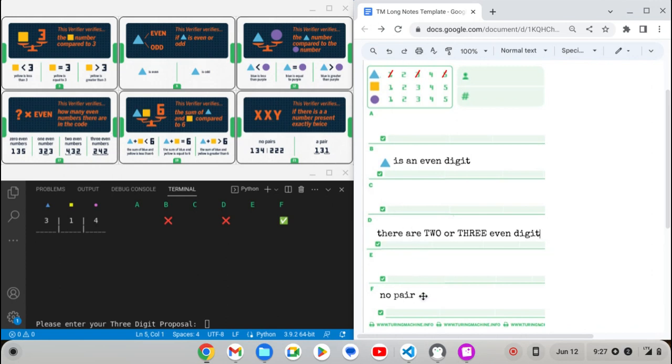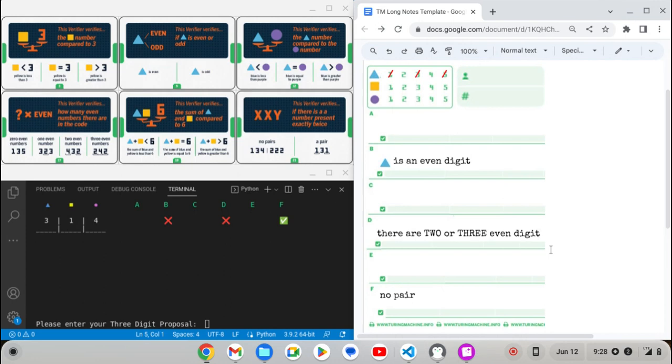Because we know that there is no pair, let's see, can we say that? I was going to say, if it's the case where they're all different, at most you're going to have 2 even digits. Could it be the case that it's a single digit repeated 3 times? Could that be a possibility? If that's the case, then there'd be 3 even digits.